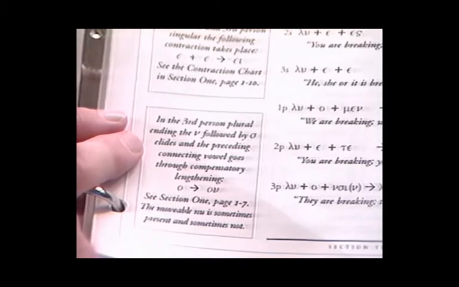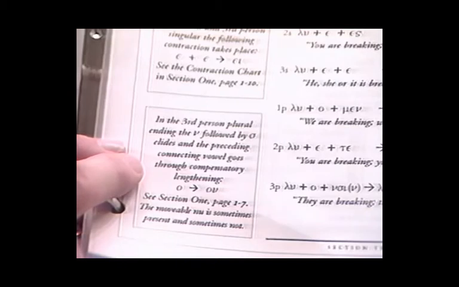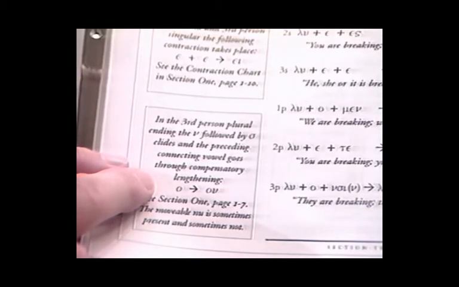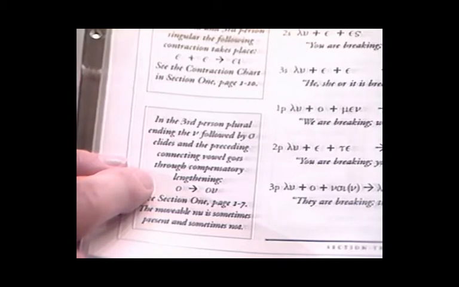In the third person plural ending, the nu followed by sigma elides, and the preceding connecting vowel goes through compensatory lengthening. That means the nu falls away when it's followed by sigma. The vowel in front of the nu has to compensate for the loss of that nu, and so that vowel goes through what we call compensatory lengthening. Compensatory lengthening is explained in section 1 on page 1-8.